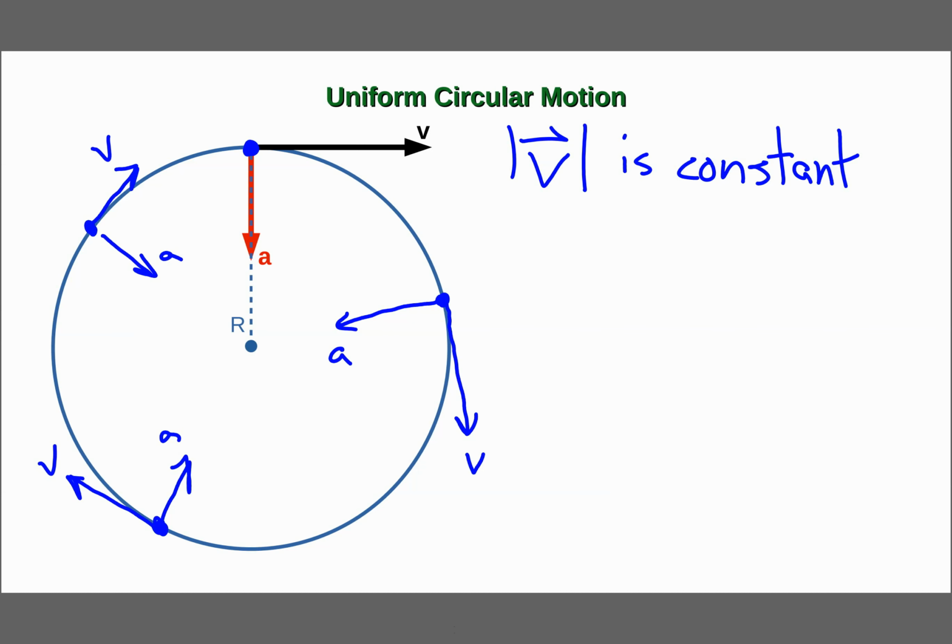So we usually call this acceleration centripetal acceleration, or center-seeking acceleration. And this acceleration has a magnitude, a_c equals v squared over r, where r is the radius of the circle, and v is this v here, the velocity that the particle has.